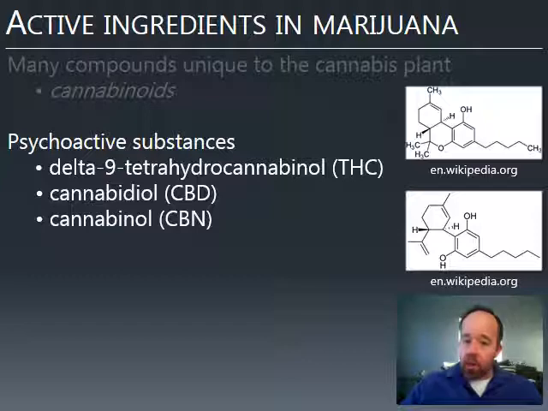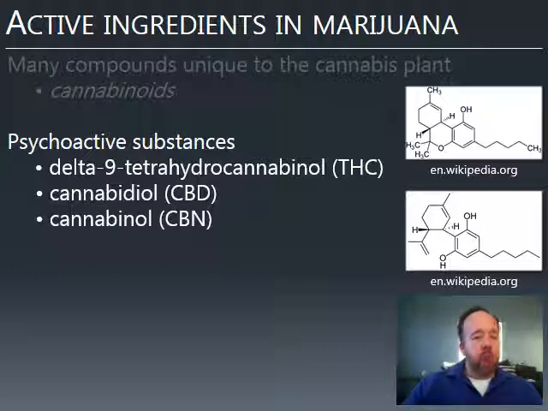You also have cannabinol, which is not the same as cannabidiol, and cannabinol occurs in small quantities in marijuana, but primarily it is what THC is metabolized into. And cannabinol itself has some physiological and some psychoactive properties. They're weaker. It's not as strong a compound as THC, but they do exist. And so, again, we see this idea of a drug being metabolized into something else that also has physiological and psychoactive properties.